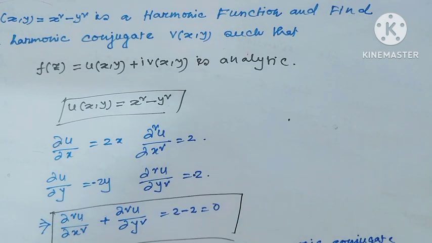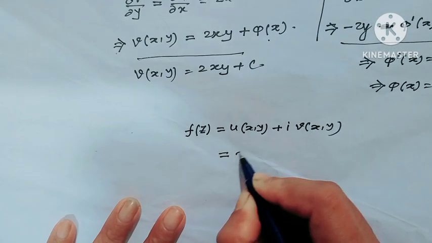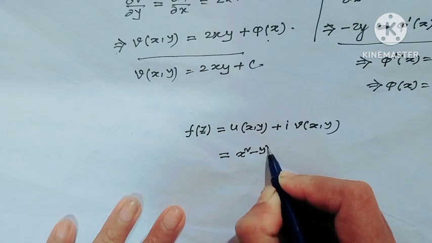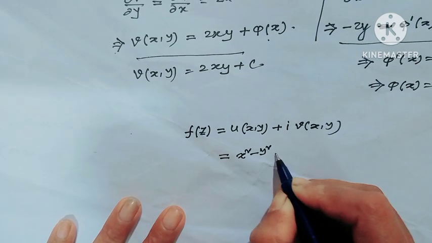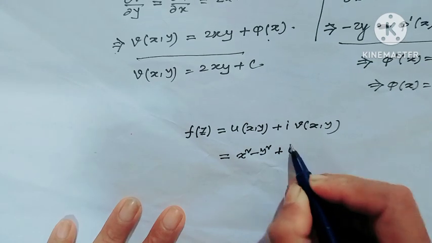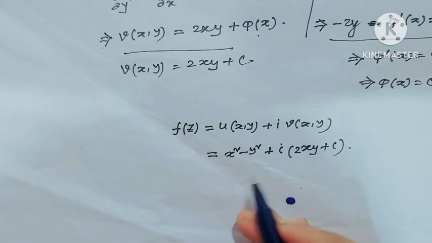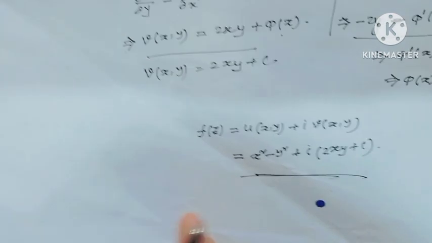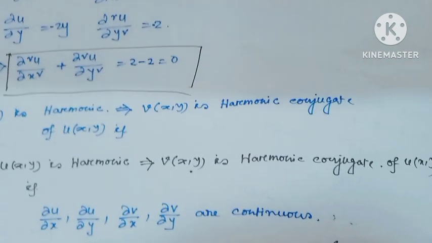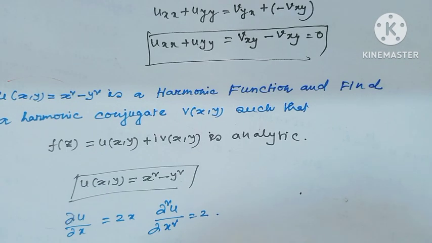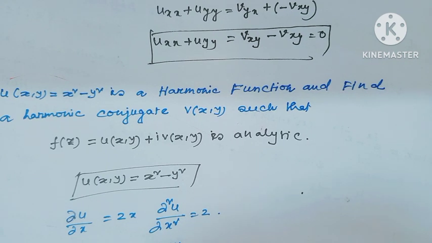Given u(x,y) equal to x square minus y square, that means x square minus y square plus i times v(x,y), which is 2xy plus c. This is our required analytic function. I hope all my viewers have understood how to find the harmonic conjugate function, and once we can find the harmonic conjugate function, then easily we can find the analytic function f(z) equal to u(x,y) plus i v(x,y).